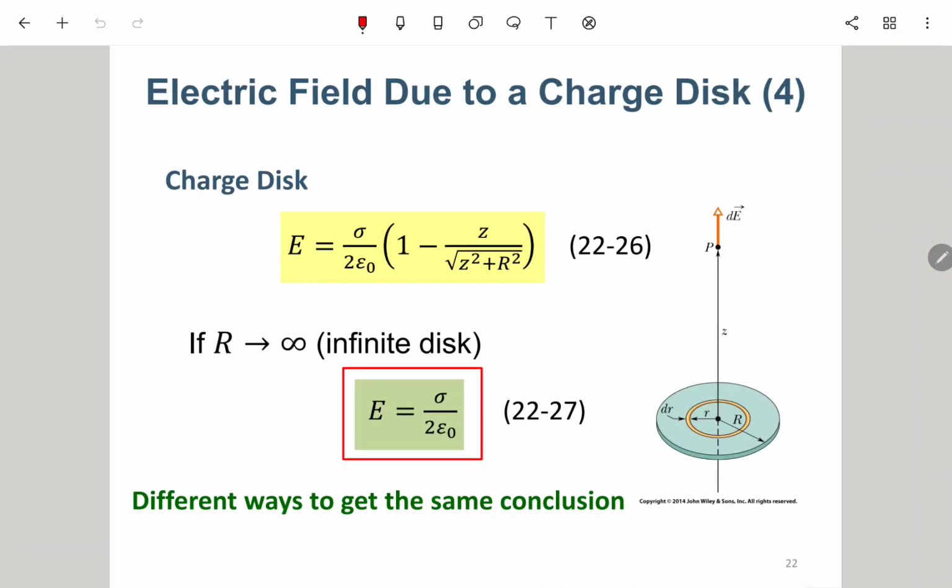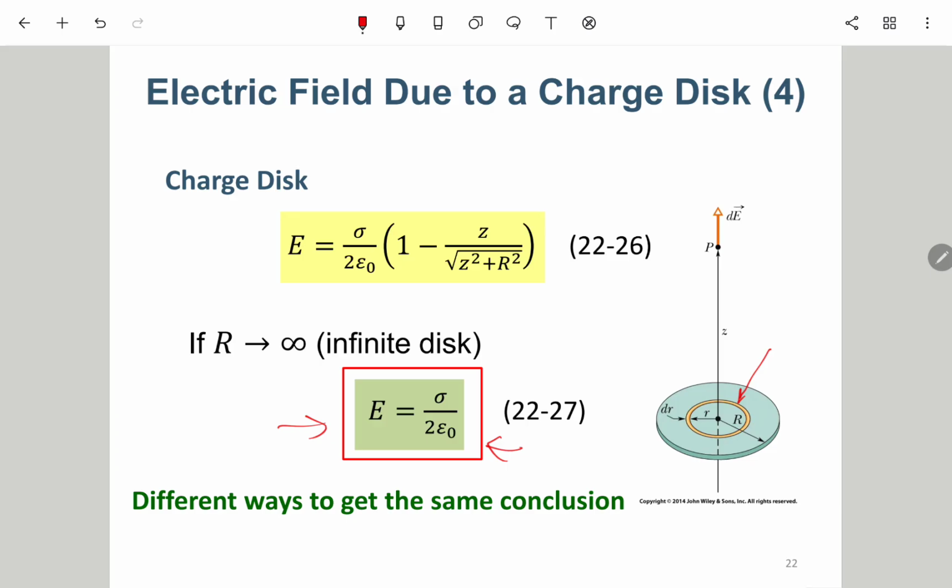This is actually the same thing. In chapter 22, we derived this with quite a lot of integration. We started by calculating the E field generated by a ring, along the z-axis.